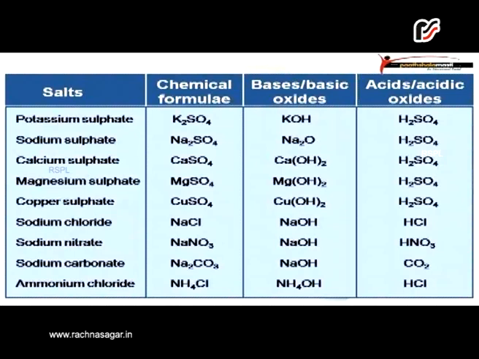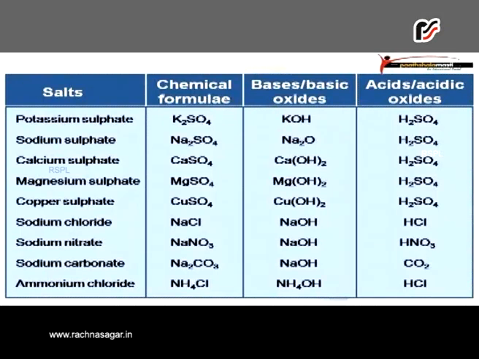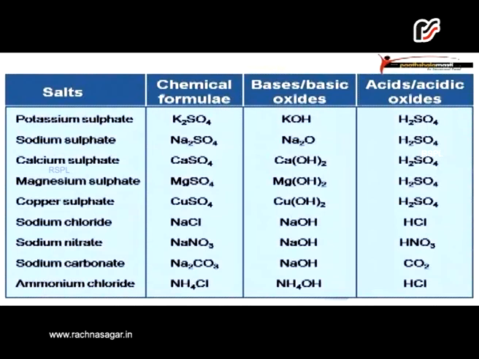It is formed by the reaction of sodium oxide, which is a basic oxide, with an acid, that is sulfuric acid. Calcium sulfate has formula CaSO4. It is formed by the reaction of calcium hydroxide, that is Ca(OH)2, and H2SO4, that is sulfuric acid.